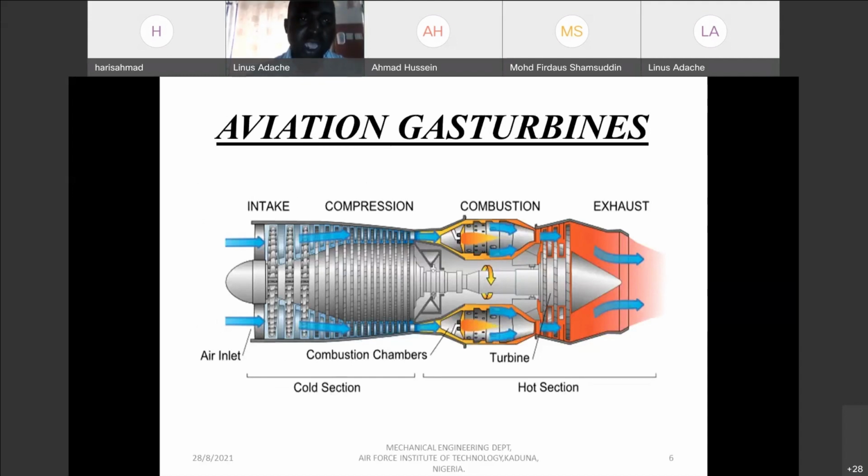This is a model aviation gas turbine. You can look at the air where the compressor rams the air into the compressor, and you see the combustion chamber where the mixture gets burned, and the exhaust turns the turbine blades. Essentially, what we want here is thrust power.